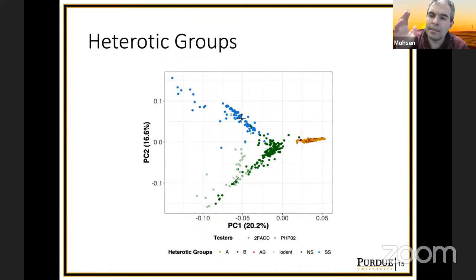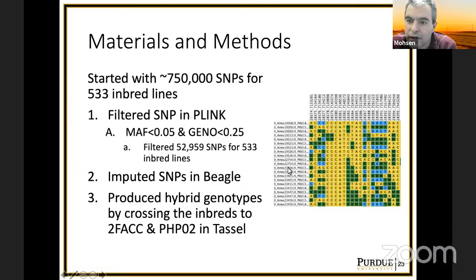So let's imagine that we don't have marker data, okay? Can you walk us through how you develop marker data? Like you have 533 inbreds, right? How do you make the marker data?